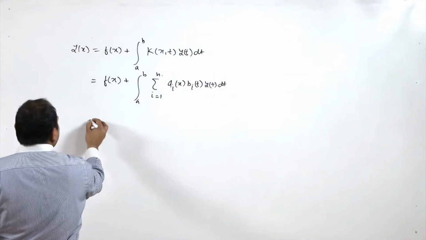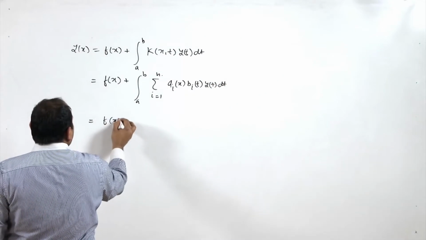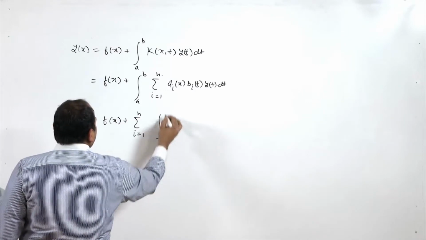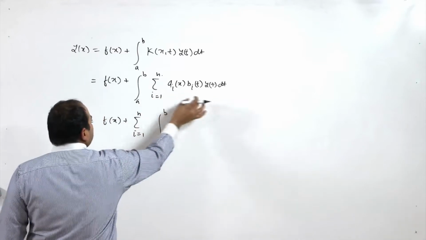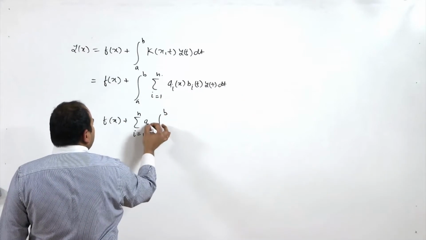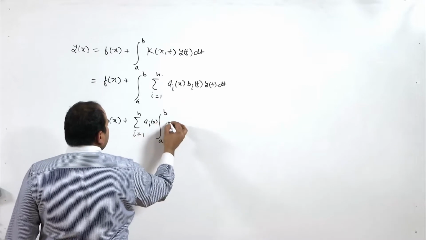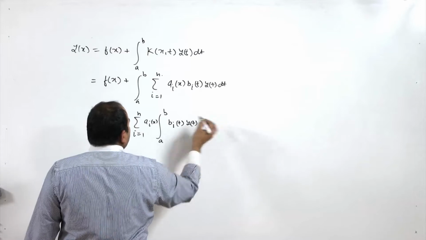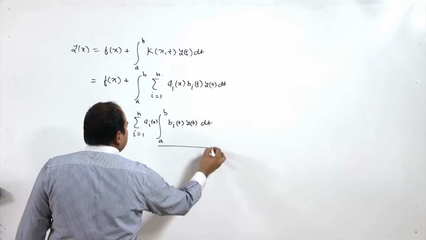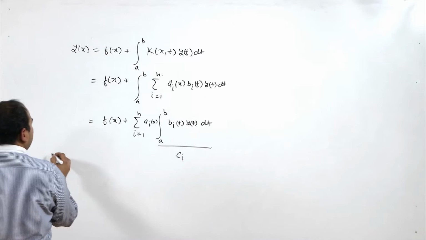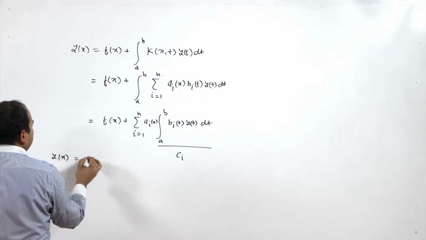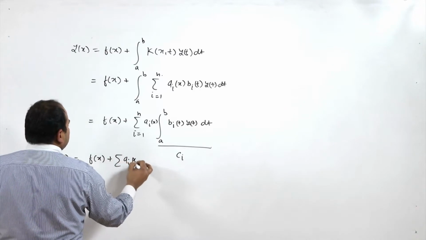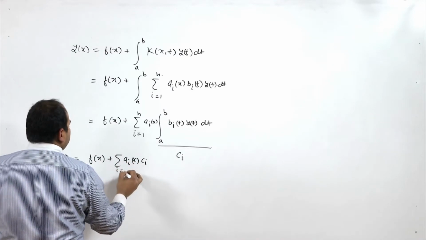When you expand this, you can write it as f of x plus the summation from i equal to 1 to n; since the integral is with respect to t, I can take a_i(x) out, so a_i(x) times the integral of b_i(t) y of t dt. By assuming this as c_i, I can write y of x equal to f of x plus the summation of a_i(x) c_i, i equal to 1 to n.